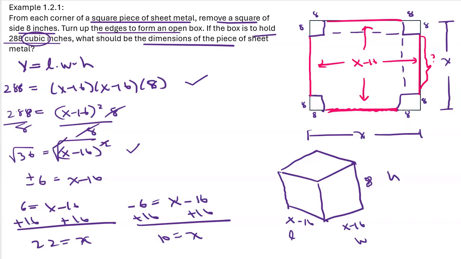It's going to be 10, right? 10 is not going to work. Why? Well, if we plug in 10 here, this is our length and width, we have x minus 16. We're saying x is equal to 10. If we put 10 in, there's going to be 10 minus 16, which gives us a minus 6. We can't get a negative length.